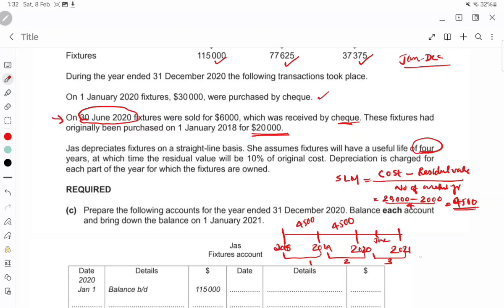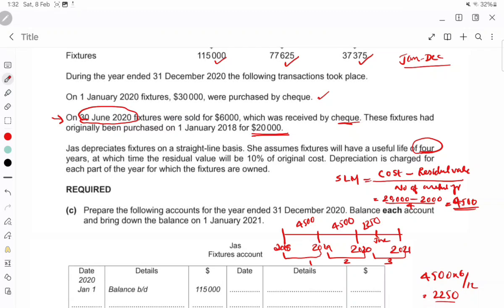So that 4,500 is for the entire year. So 4,500 into 6 divided by 12. It means half of that 4,500 will be the depreciation, so you will get 2,250. So last year's depreciation will be 2,250.